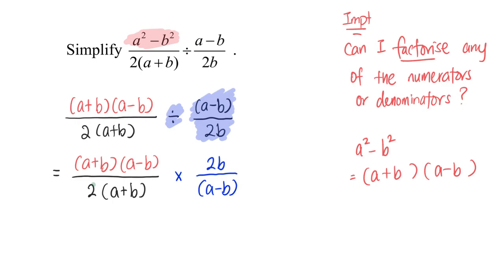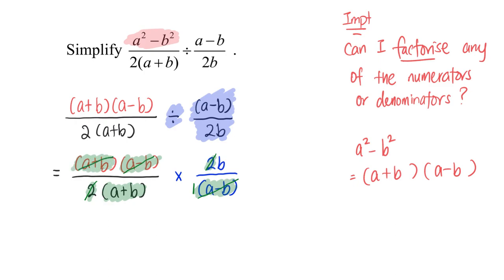And I do see a 2 and a 2, a numerator and a denominator. I divide by 2. I also see a minus b here, so I'm going to divide the a minus b. So here left 1. I also see a plus b, they are common.